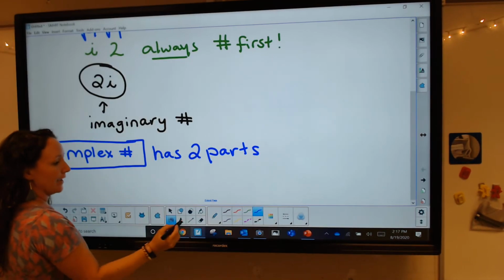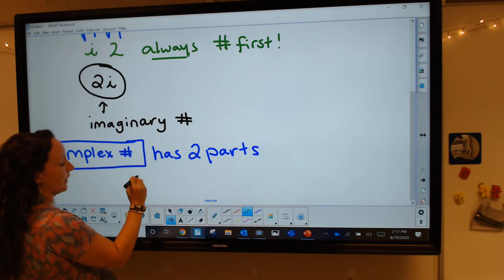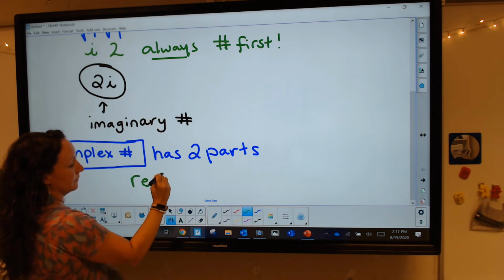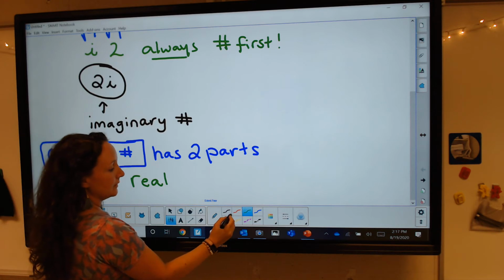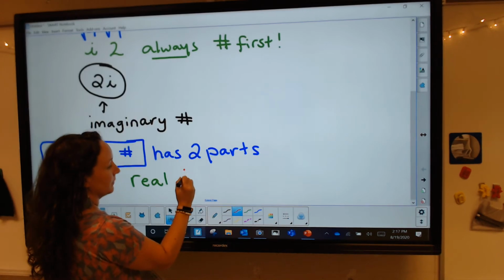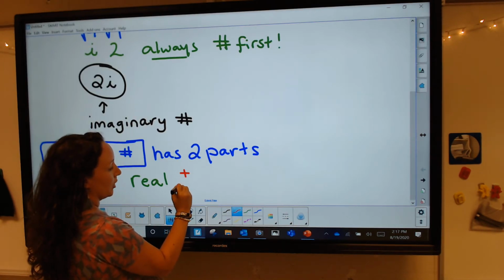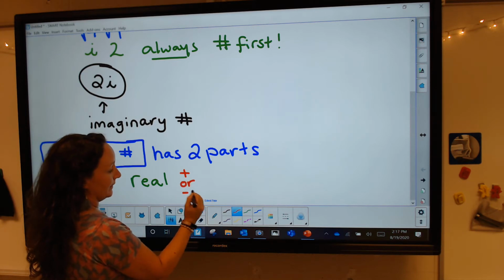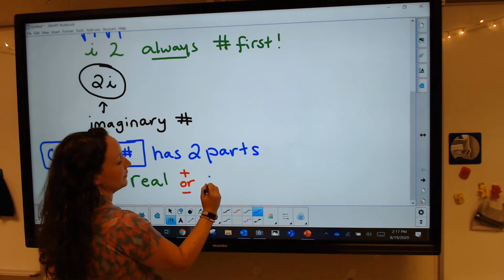It has a real part, or just a regular number, plus or minus an imaginary part.